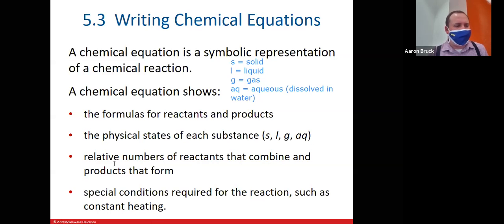What it also shows us is the relative numbers of each kind of reactant that combine, and the relative amounts of product that form. We do this through the balancing of equations.